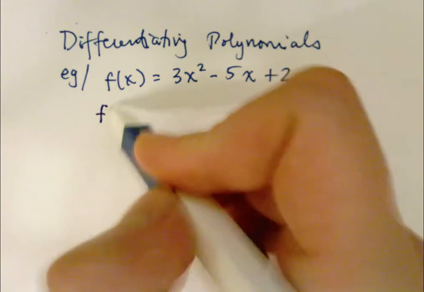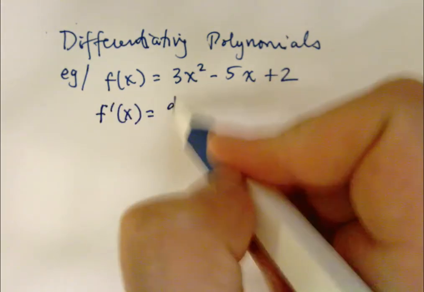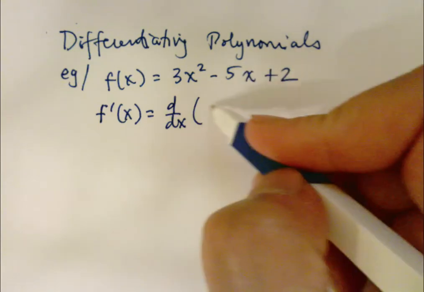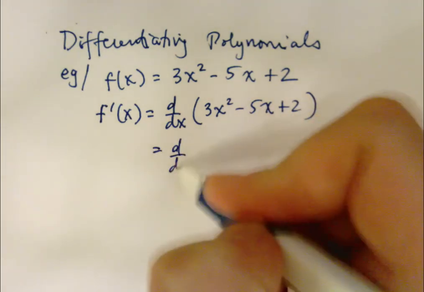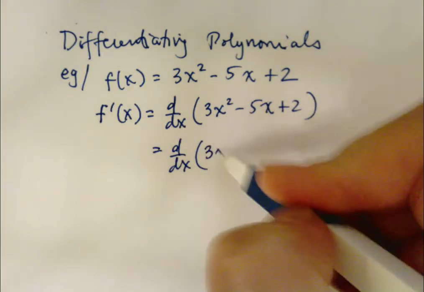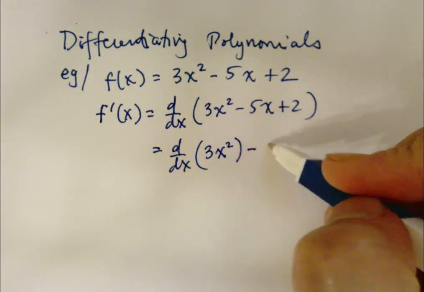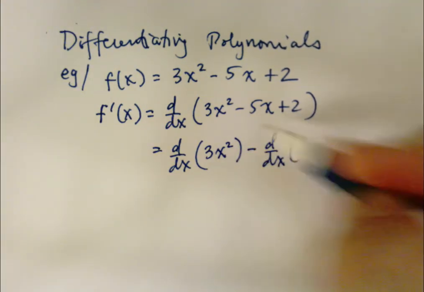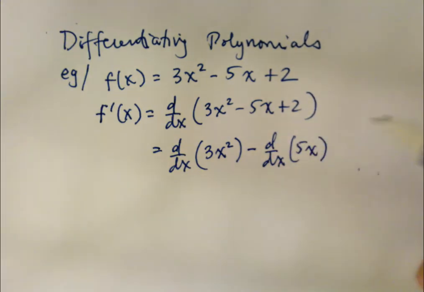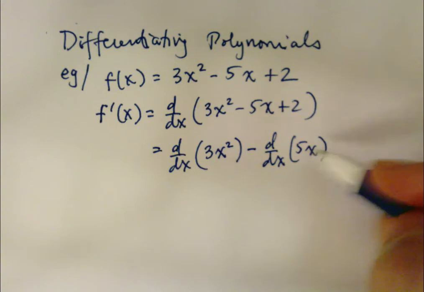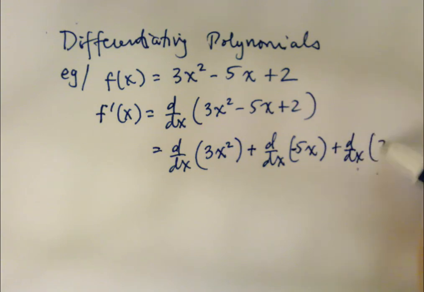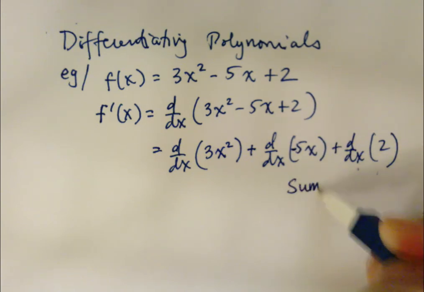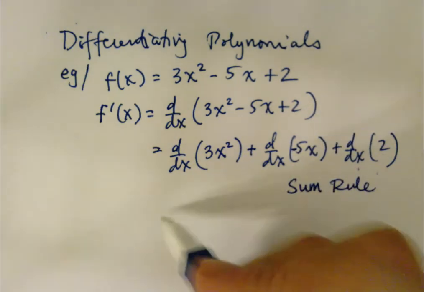So f prime of x is the derivative of 3x squared minus 5x plus 2, which equals the derivative of the sum of all these functions, which equals the sum of the derivatives of these functions. So this is using the sum rule for derivatives, or sum theorem.